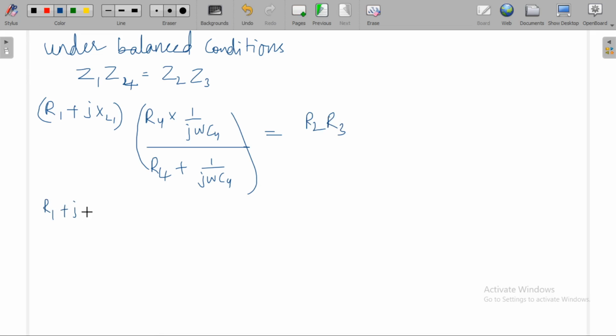R1 plus j omega L1 into R4 by 1 plus j omega R4 C4, which is equal to R2 R3.